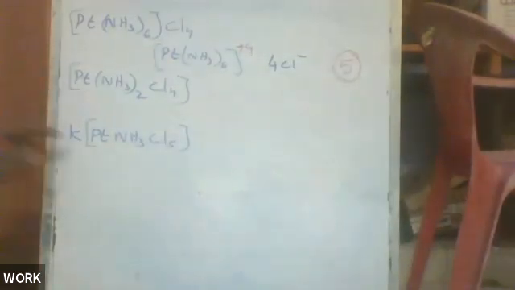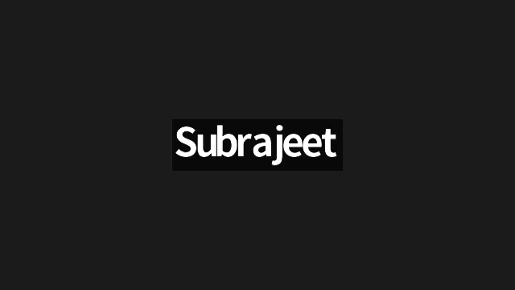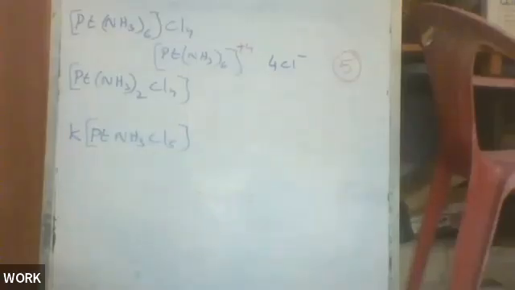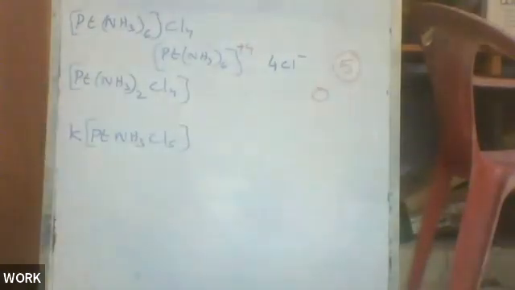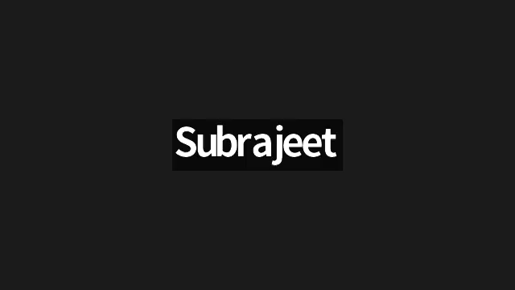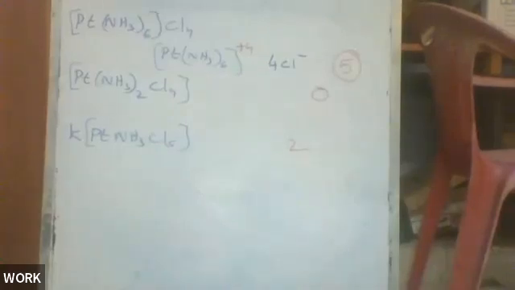You tell me for these two how many ions are present. For the first one it's 0, for the second one it's 2. Very good. So we can find out this and this type of things also.